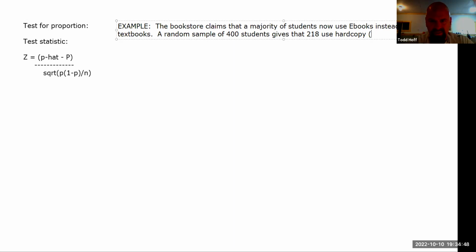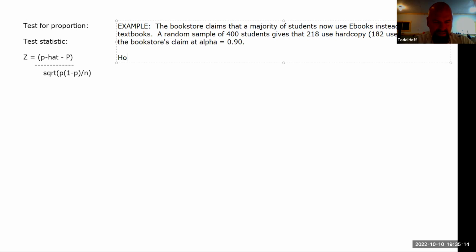In other words, 182 use ebooks. Test the bookstore's claim. Add alpha equals, let's go 0.90.